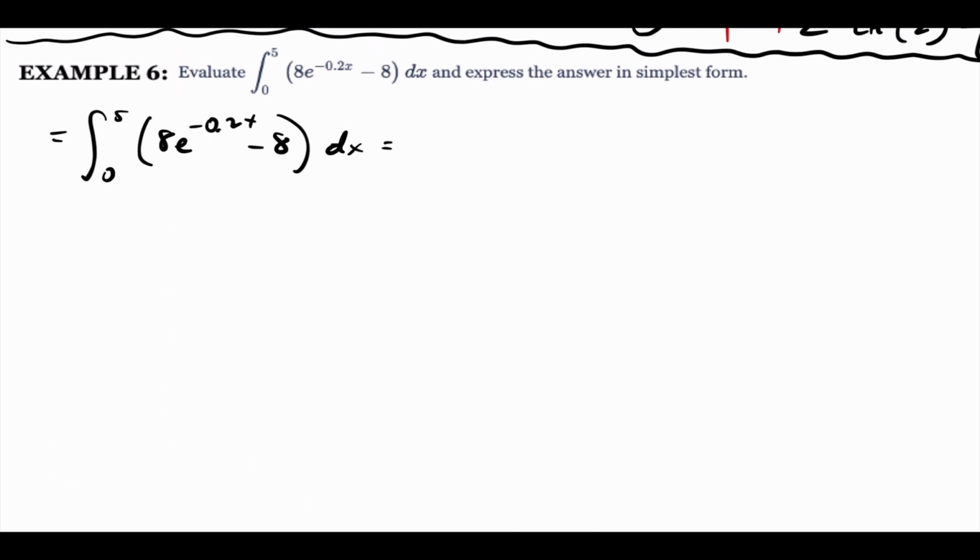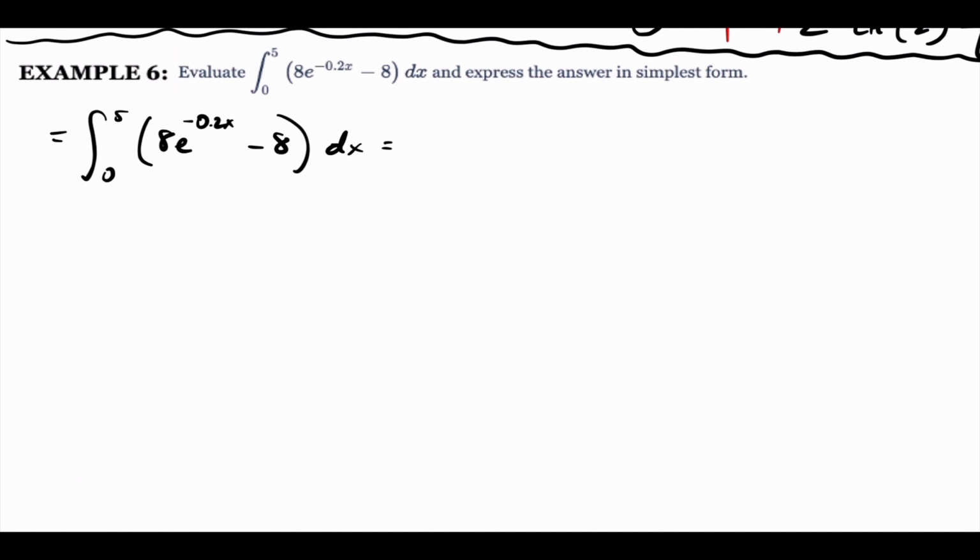So earlier this week, I think it was, when we first started doing u substitution, does anyone remember what I said when you're doing antiderivatives for anything with e? If the power is something other than just regular x, that's where to start with your u.